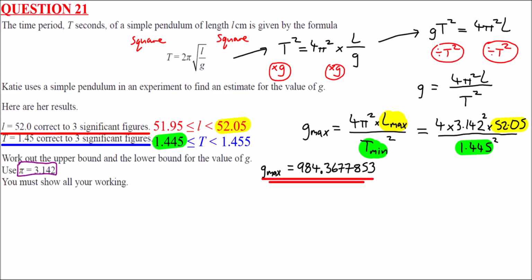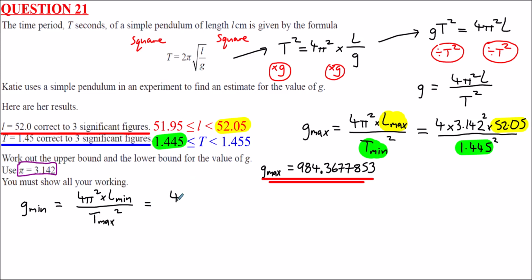Now in the same way, we think what values of L and T would we use to calculate Gmin? Again, G essentially is a fraction. What we do is we pick the minimum values on the top of a fraction, so we go for L minimum, so it's going to be 4 pi squared times L min all over T max squared, because to make a fraction as small as possible, we make the denominator as big as we possibly can.